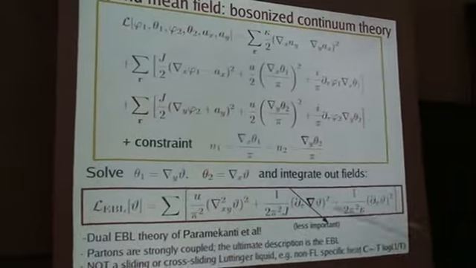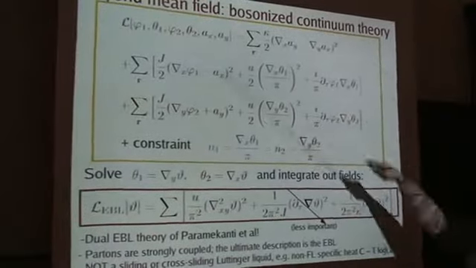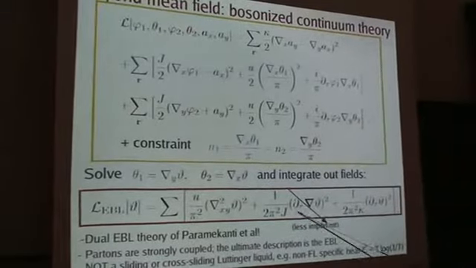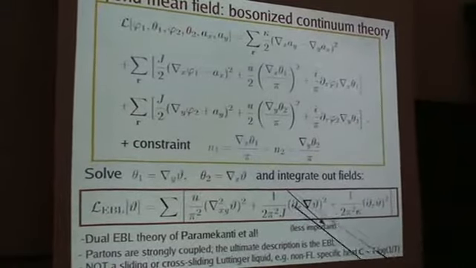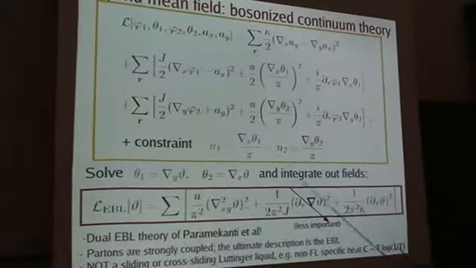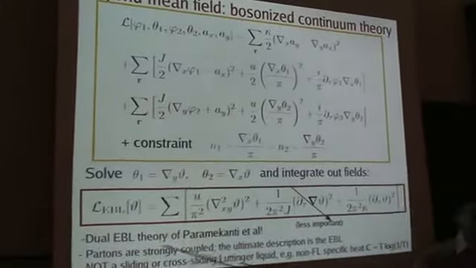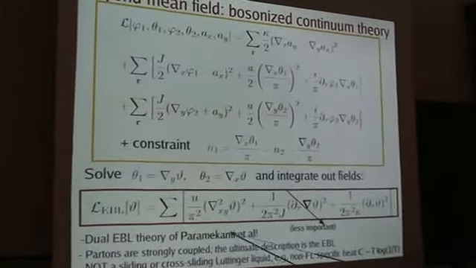This is an exact rewrite of this theory, and if you neglect this term, which has more derivatives than other terms here, it's the same as the dual EBL theory by Paramekanti et al.